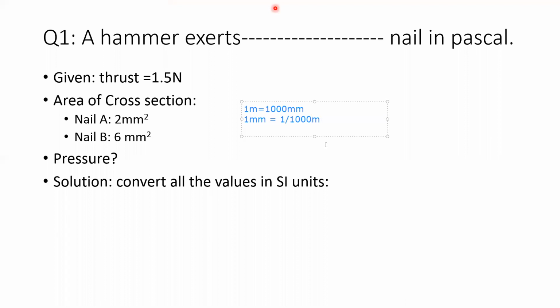So you have to convert this millimeter square, that is millimeter into millimeter, which means meter into meter. That means 1 upon 1000 multiplied by 1 upon 1000 meter square, so you have to multiply this value with 10 raised to power minus 6. That's how you will convert millimeter square into meter square.